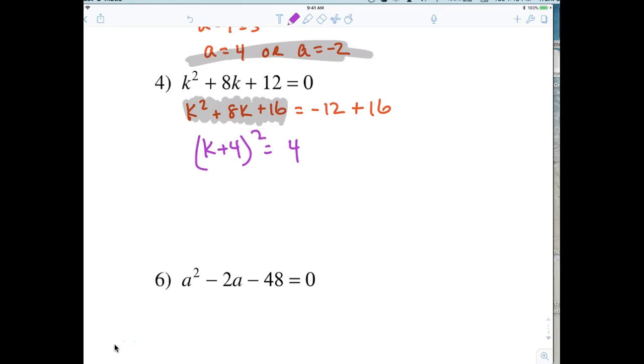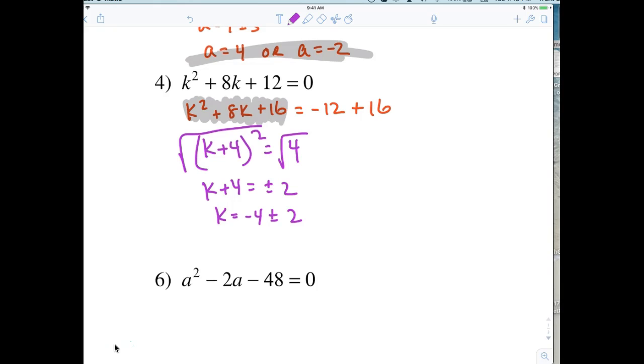Now I take the square root of both sides, so I have k plus 4 equals plus or minus 2. Now I move the 4 over, right? So k equals negative 4 plus or minus 2.